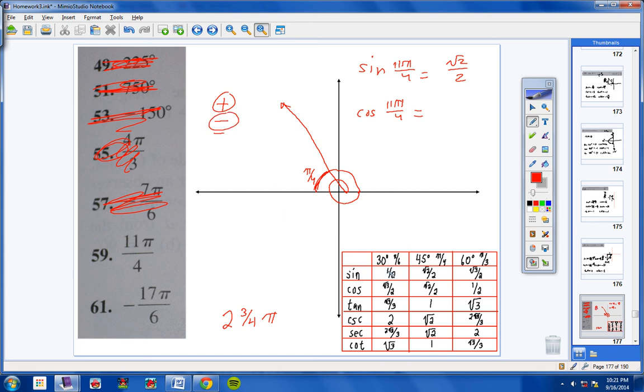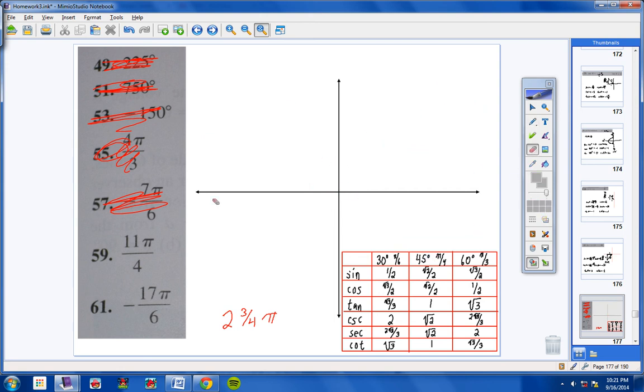And let's see, we would get square root of 2 over 2, so negative square root of 2 over 2. And then the tangent of 11 pi over 4 is the same thing as the tangent of pi over 4, as long as you remember that tangent's negative. And so the tangent of pi over 4 would be 1, so negative 1. Okay? Only one more left, and we'll be done with this section. This is a pretty long section here.